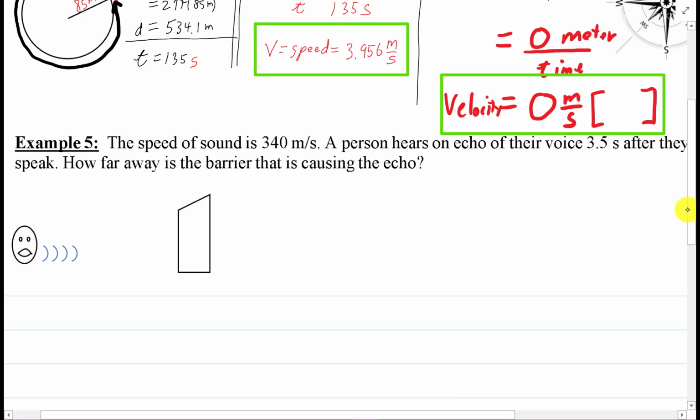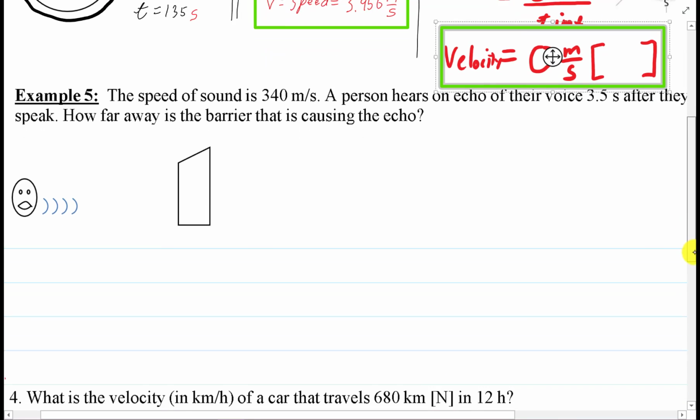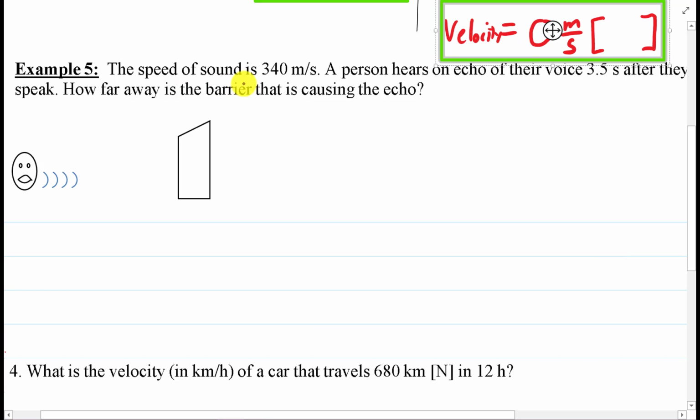Zoom, and let's continue on with number 5 here. The speed of sound is 340 meters per second. That's what I'm telling you right now for this experiment. And the person hears an echo of their voice 3.5 seconds after they speak. How far away is the barrier that is causing the echo? So it looks like we have a speed here, and we have a time here, and we're asking about how far, which is a distance.